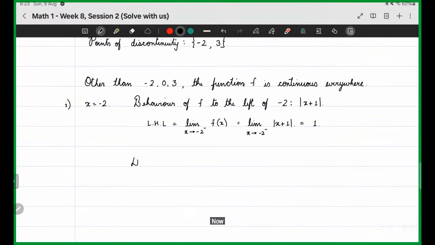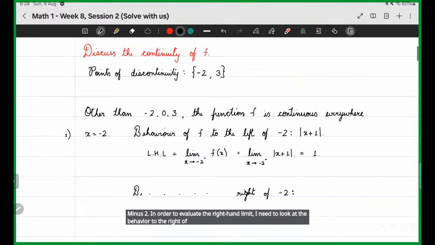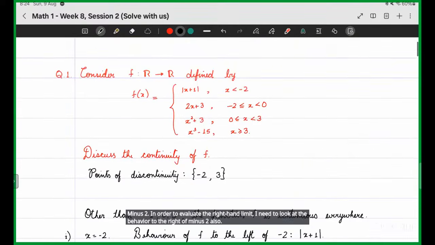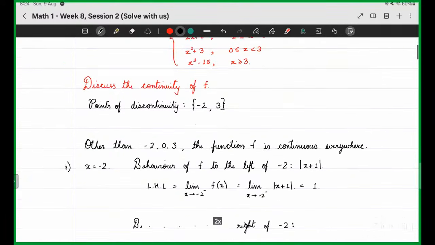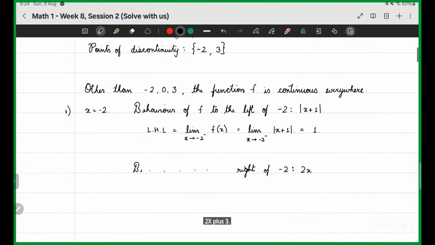Now, behavior of f to the right of -2. In order to evaluate the right-hand limit, I need to look at the behavior to the right of -2 also. So how is it defined to the right of -2? 2x plus 3, right?